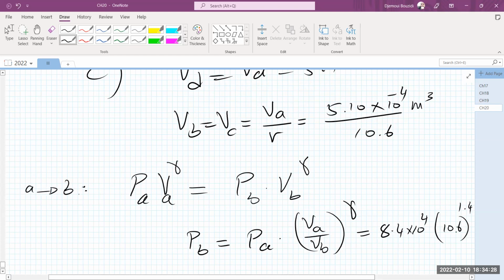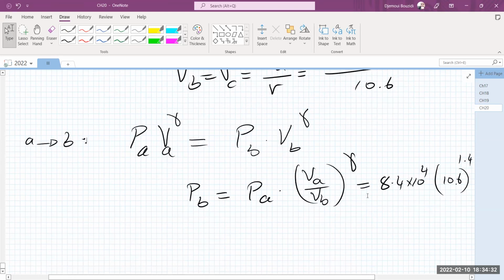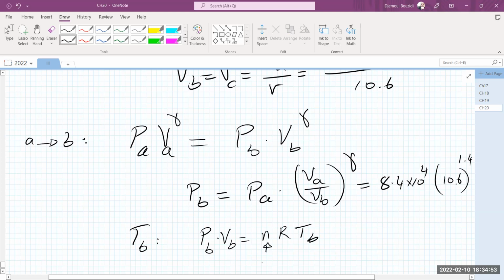So imagine we have found this calculation. This is an easy thing to do, okay? Once we found that, we can find what TB is. You can find it in one of two ways now. Either you use the ideal gas law, PB times VB equals nRTB, to find TB, but we don't know what N is here.